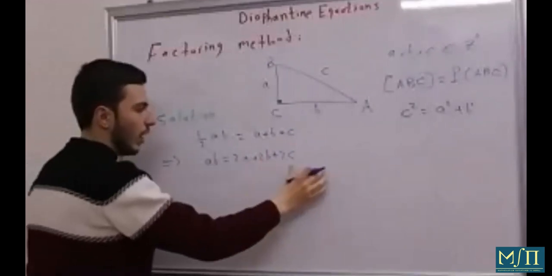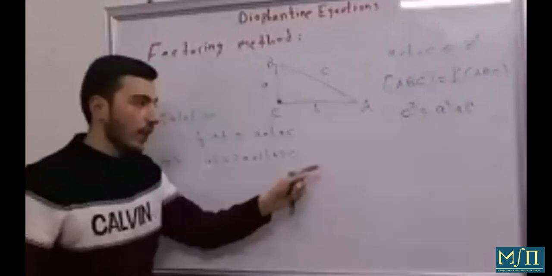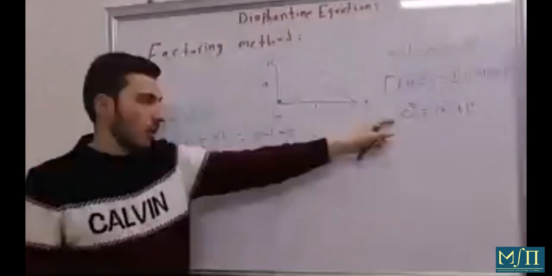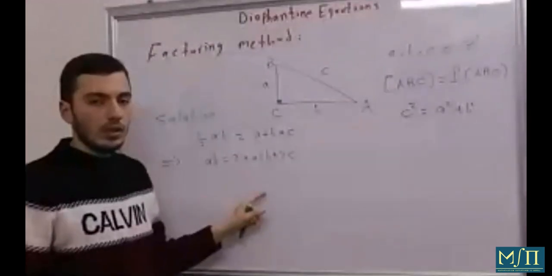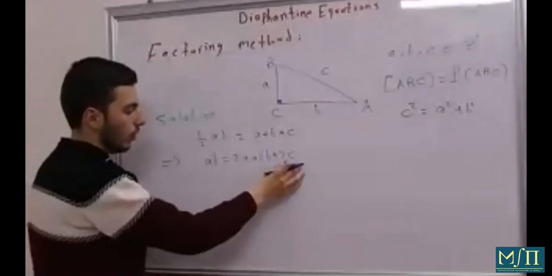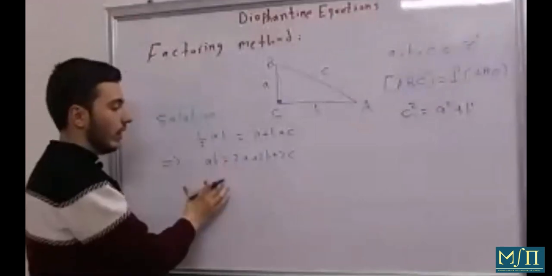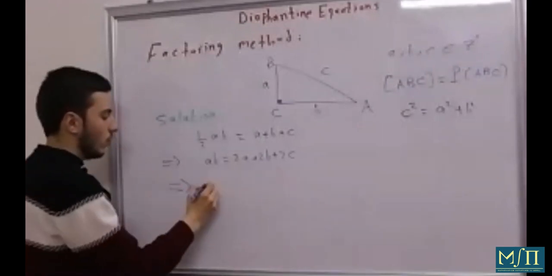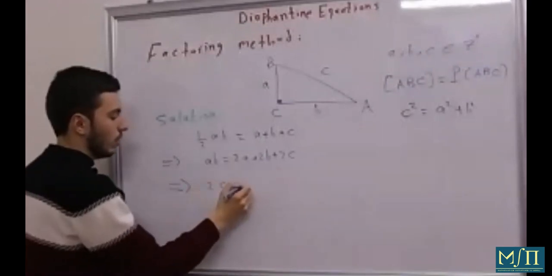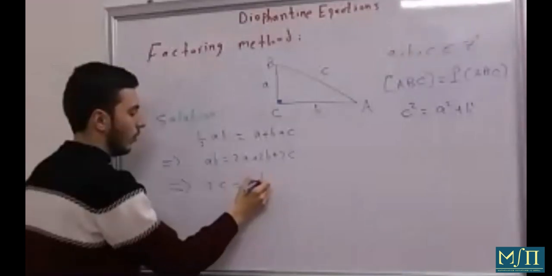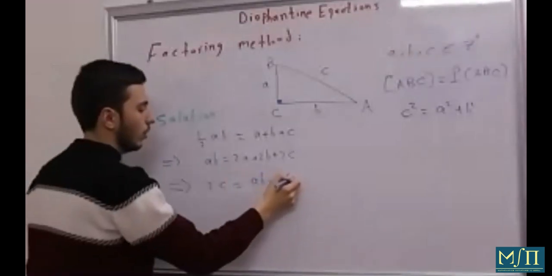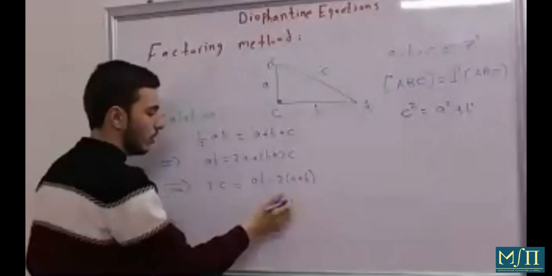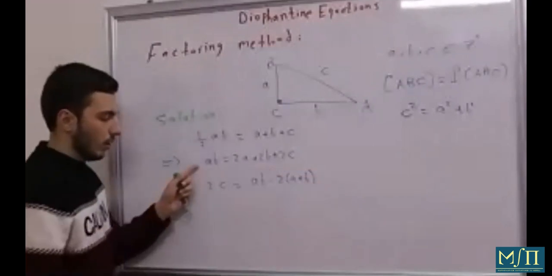Since we have C squared equals A squared plus B squared, we can get rid of this C. How can we do this? First of all, we need to isolate this C and then square the left-hand side and the right-hand side. So let's write 2 times C equals AB minus 2 times (A plus B), right? It's the same as this equation.